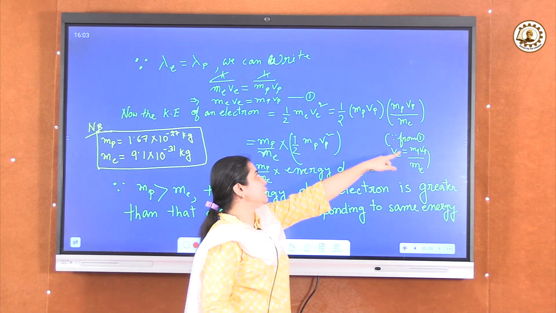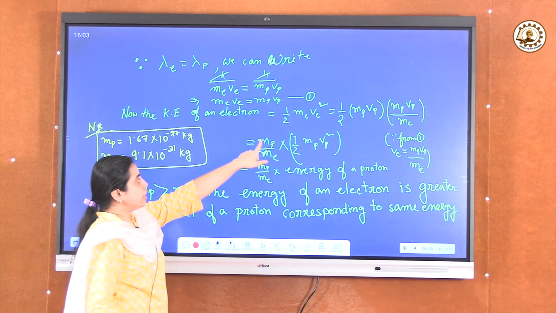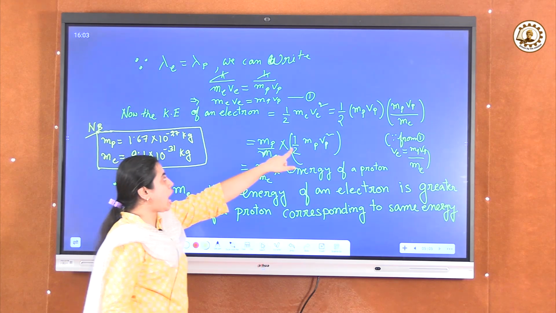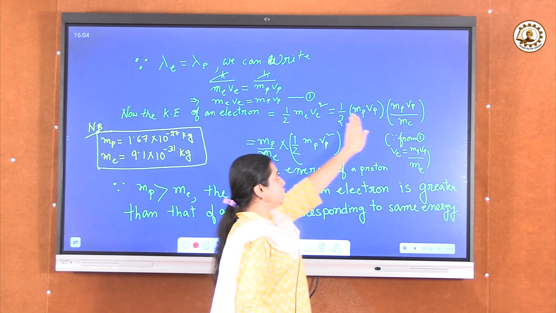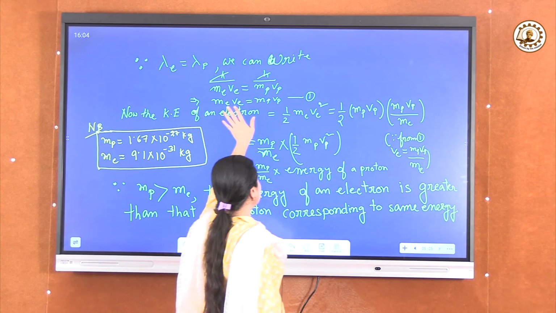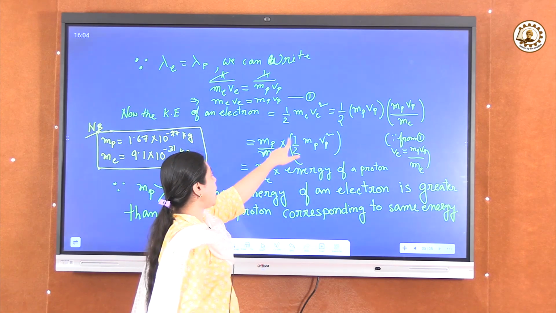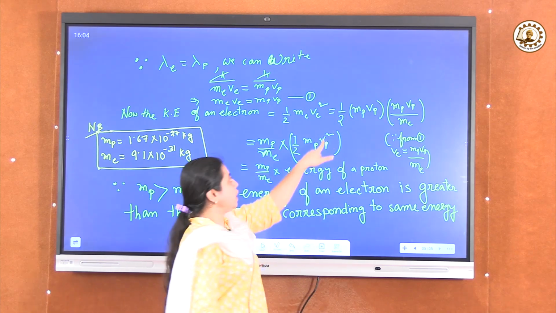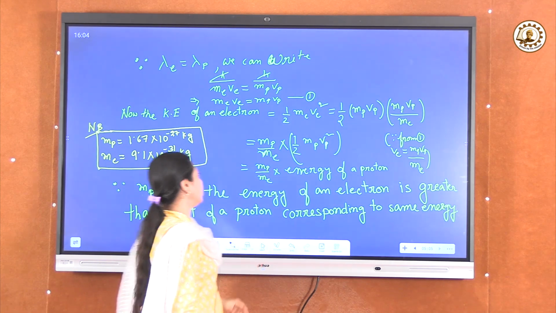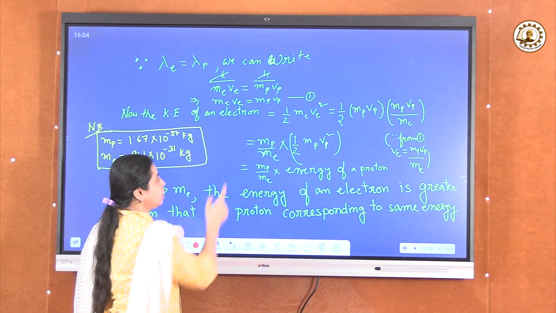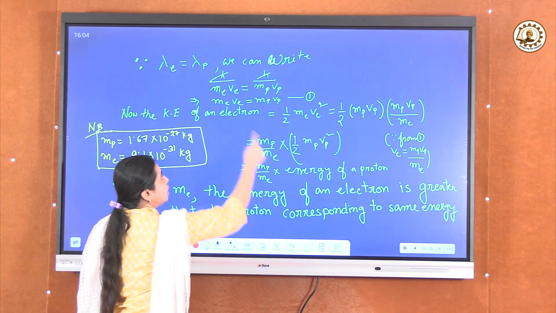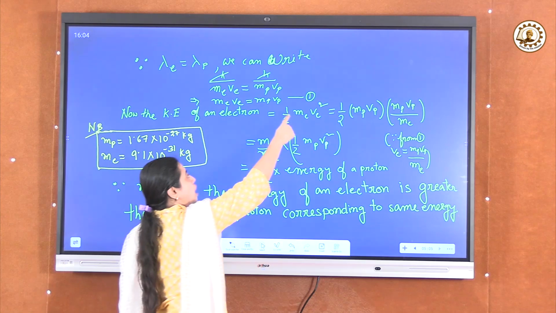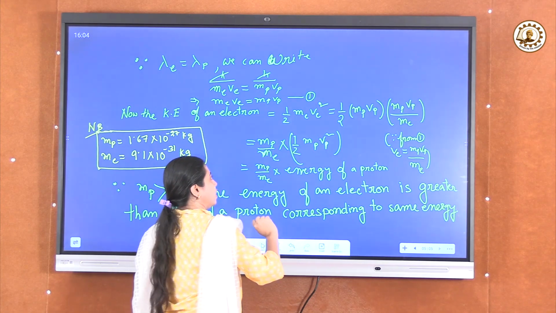Using this, I can write here Mp divided by Me into half of Mp into Vp squared. Now you have already written the kinetic energy of the electron is equal to half of Me Ve squared.